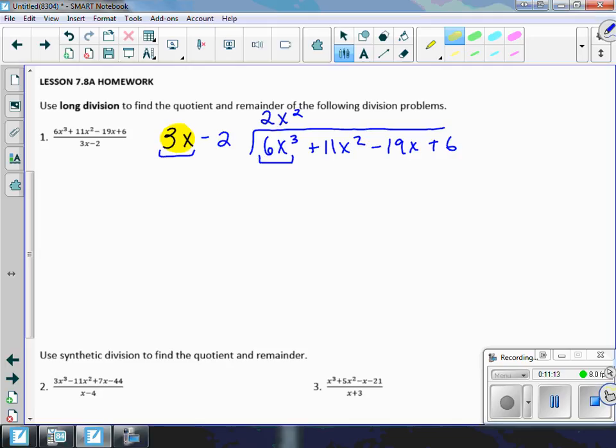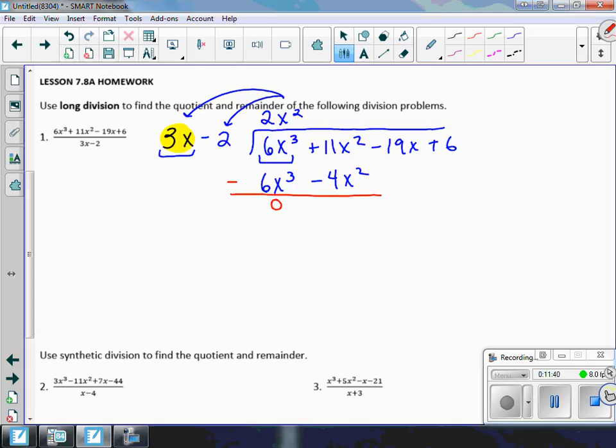We multiply by 2x squared. So that way, when I take 2x squared and multiply it by 3x, I get 6x cubed. And when I take 2x squared times negative 2, I get negative 4x squared. You will now subtract. These had better cancel out, and they do.